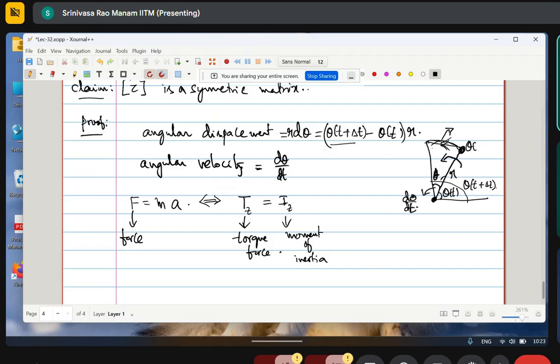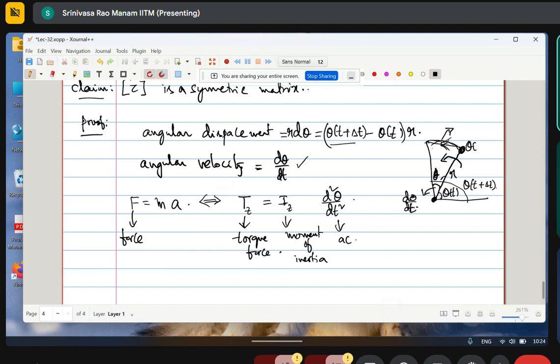So you're only looking at theta. As delta t goes to 0, finally that r will never come. So this is basic physics. Now here you want a as acceleration. You simply say d square theta by dt square.